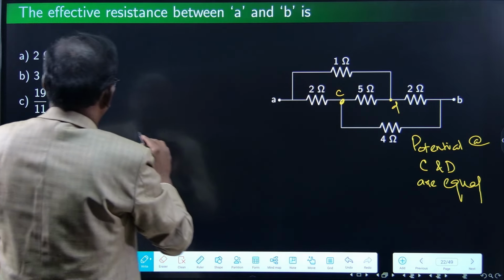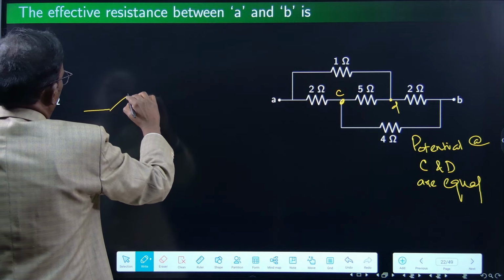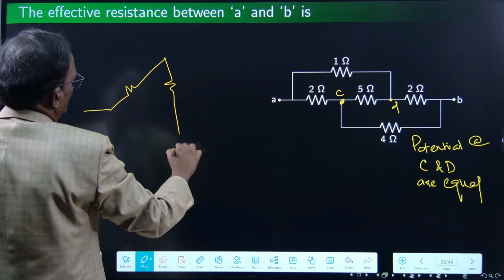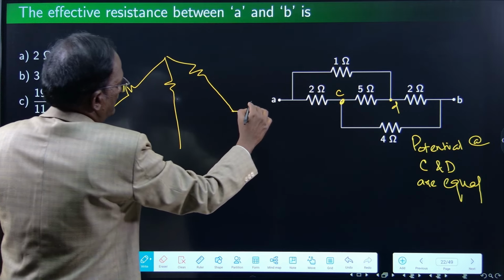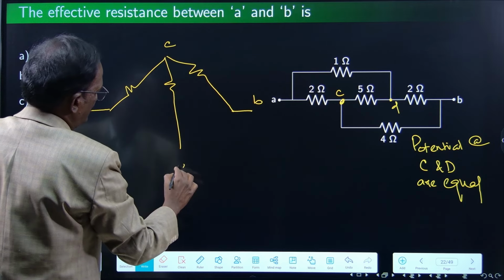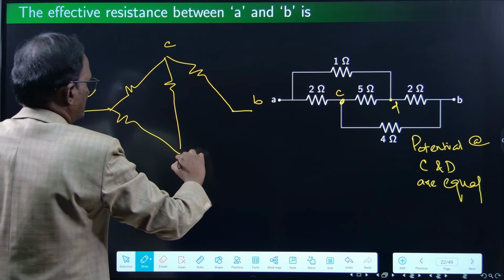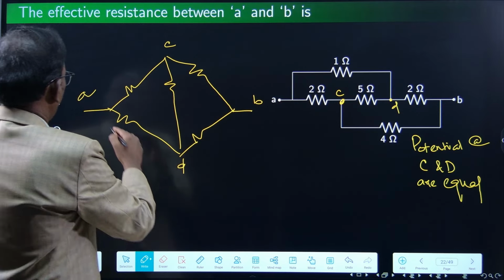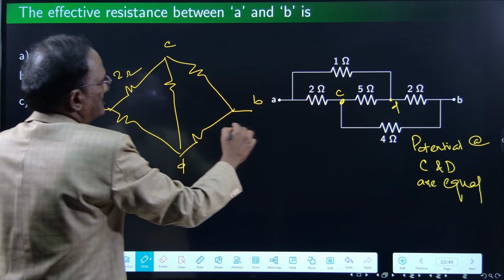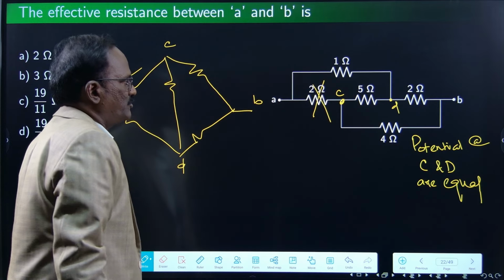Between A and B, the question is available. 5 resistors, let them be formed this way: A, B, C, D. Between A and C, 2 ohms. This is removed.